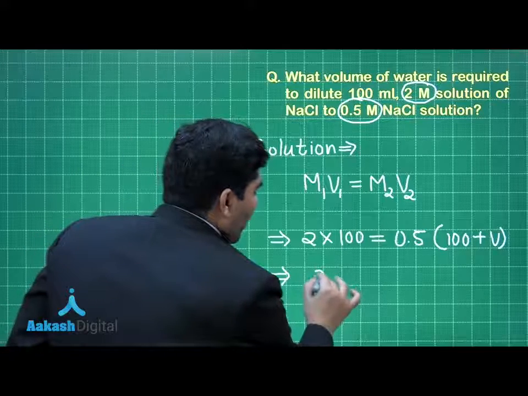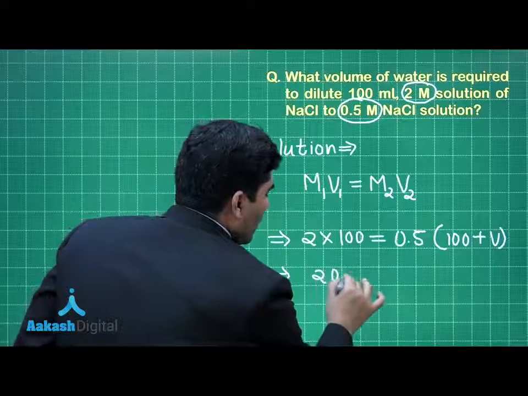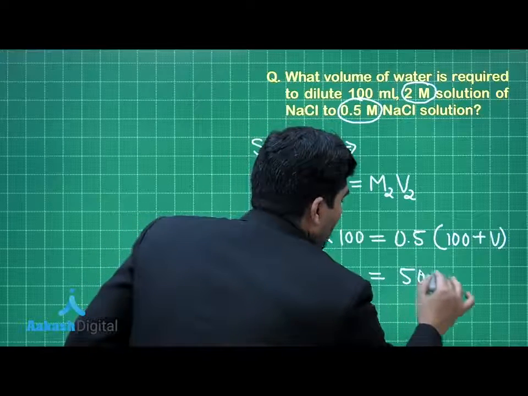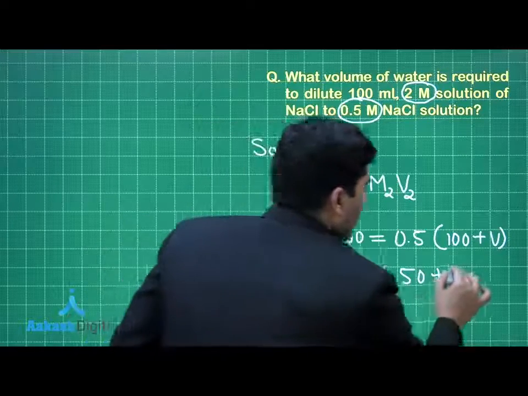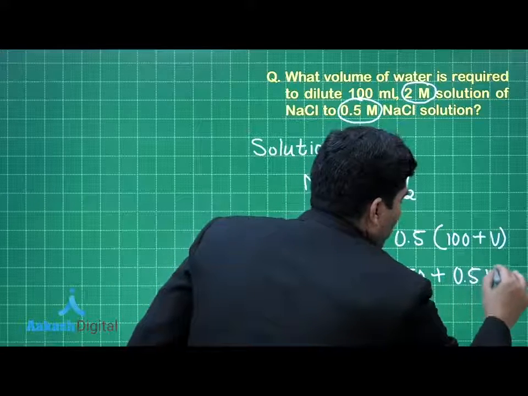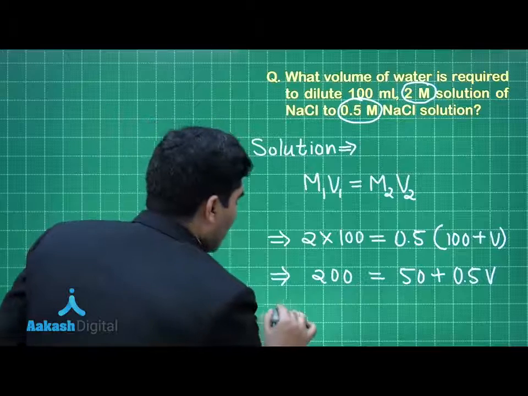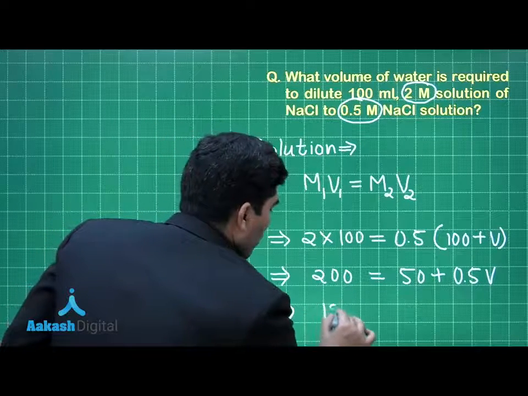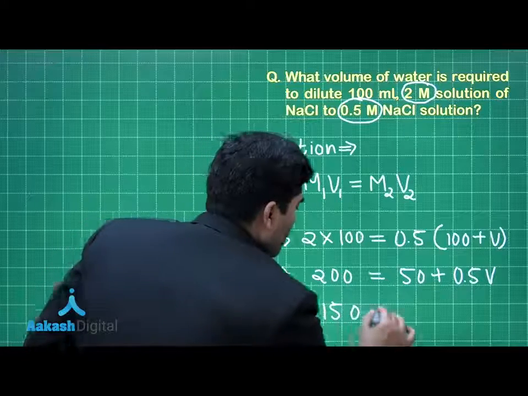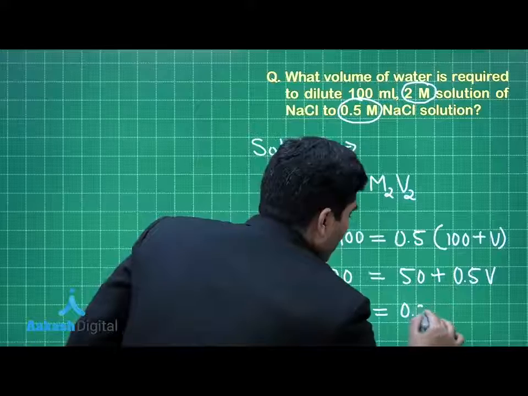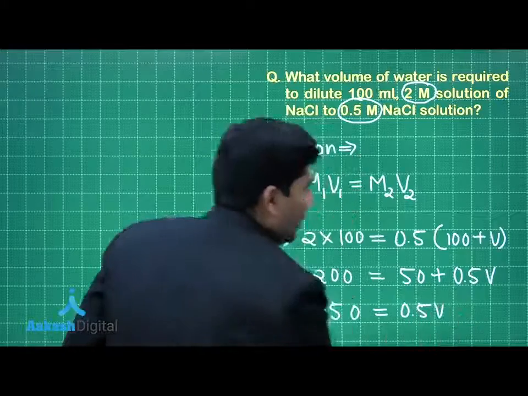From here we get 200 is equal to 50 plus 0.5V, and that gives 150 is equal to 0.5V.